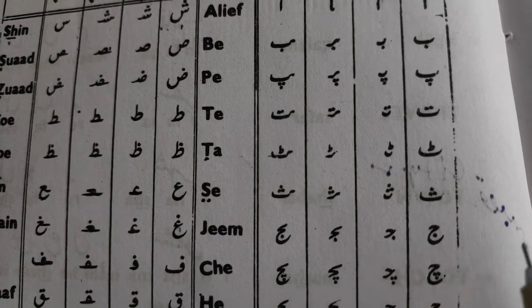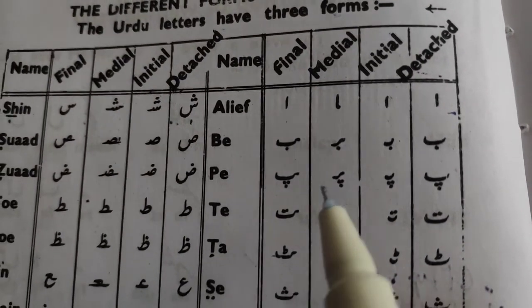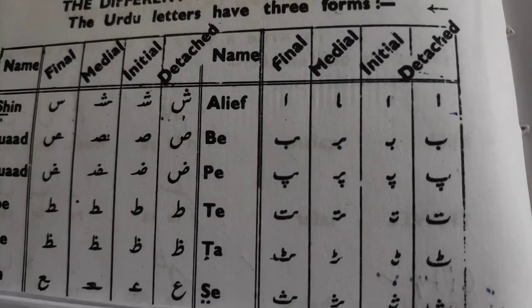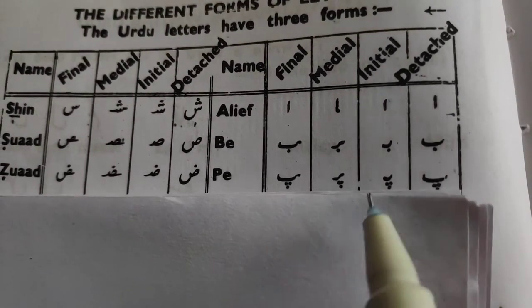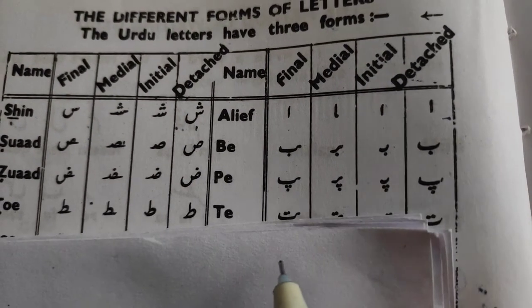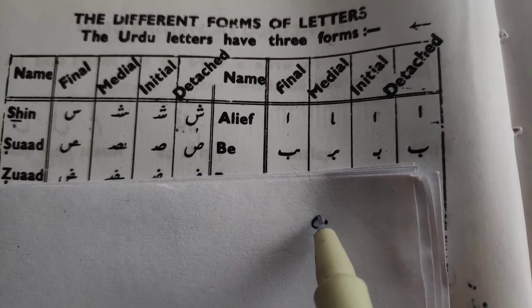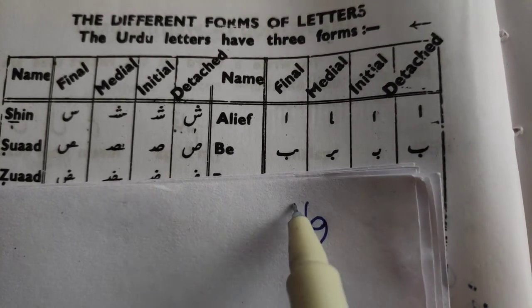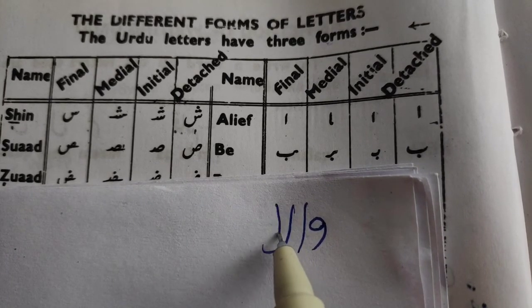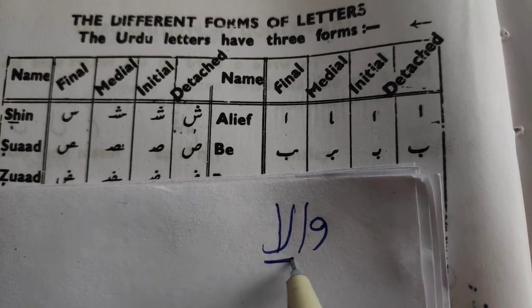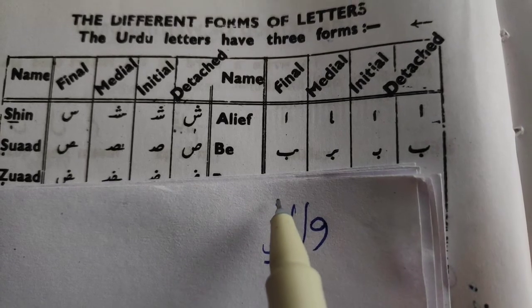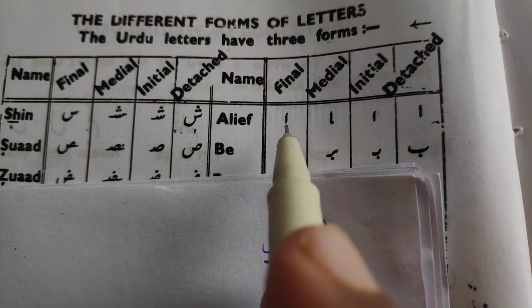Jim. So I'm going to give some instances of words where letters come in different positions. When I like to write wala, wow, alif, lam, and this is alif, and it looks like this.